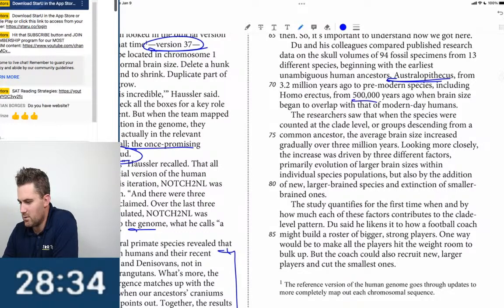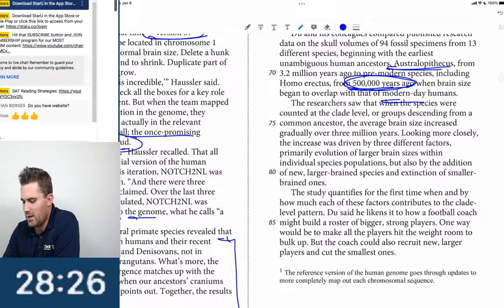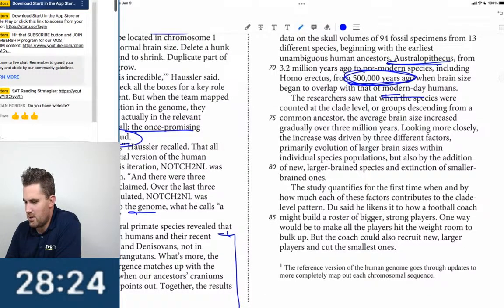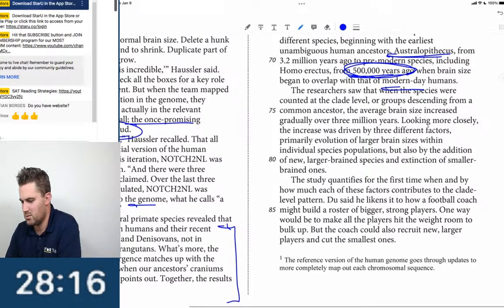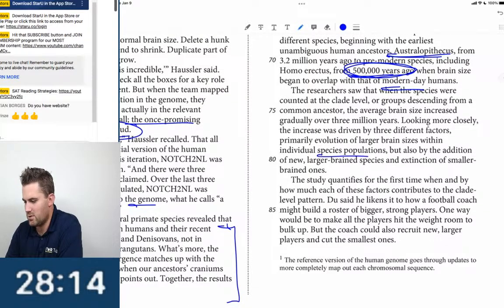Homo erectus. Overlap with that among the humans. So Homo erectus 5,000 years ago was when it began to overlap. Clade level. The group system. Average brain size increased gradually over the years. Larger brains are the foundation for us.